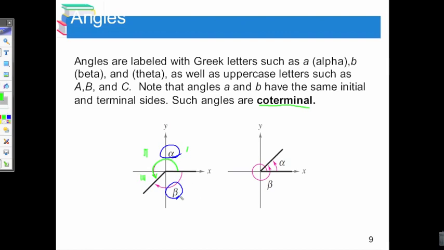And then I have beta, which is a negative angle, starting again from standard position, and it rotates all the way into, again, the third quadrant. Because they both end at the same terminal point, we call alpha and beta coterminal.